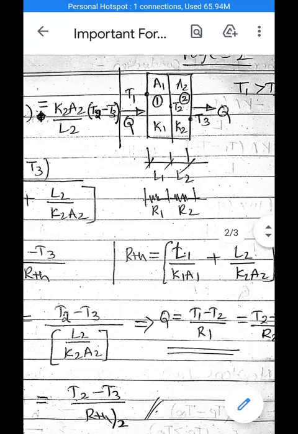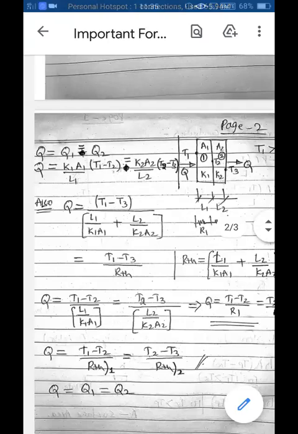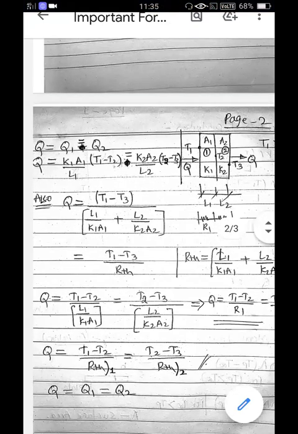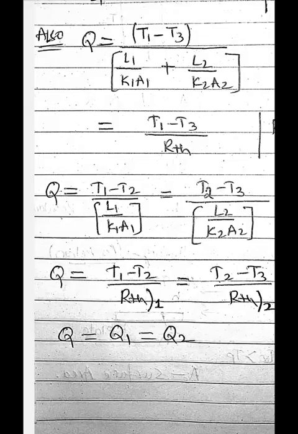Now coming to one more part. I am writing the same here: Q, the rate of heat transfer throughout the block, is equal to the rate of heat transfer through the first block, is equal to the rate of heat transfer through the second block.